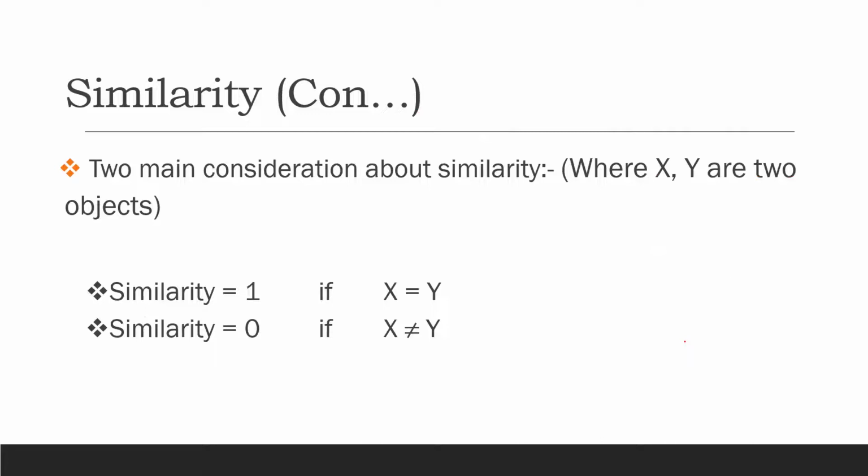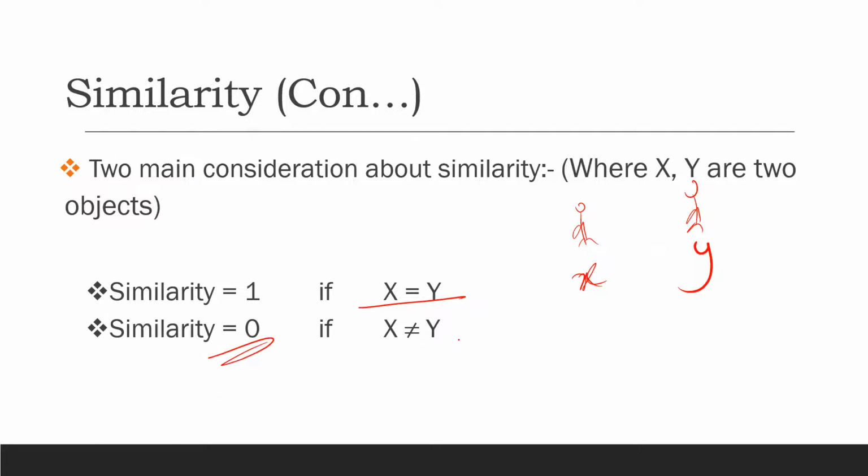Now, let's think about two objects. We have one object here, another object here. This one is X, this one is Y. If the similarity between X and Y is equal to 1, both are equal. If the similarity between X and Y is equal to 0, it means they are not equal objects.